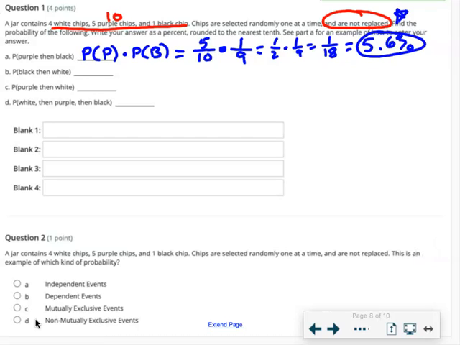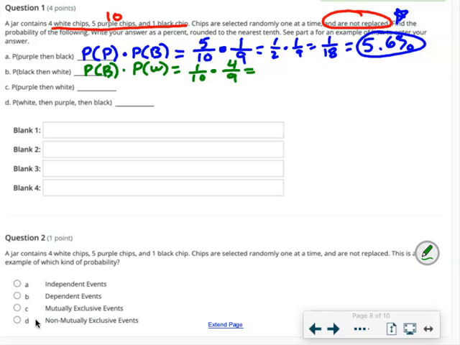Black, then white. So black first, white second. There's only 1 black out of 10. For the second one, there's only 9 chips left, and 4 of them are going to be white chips. I can simplify just a little bit.